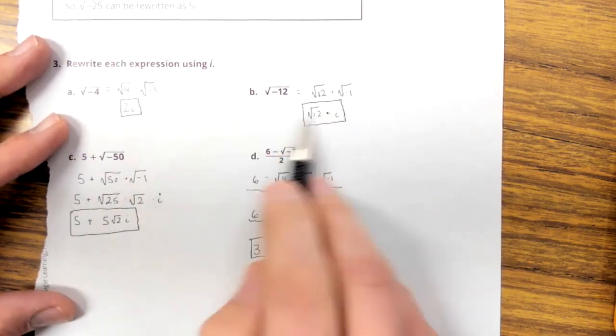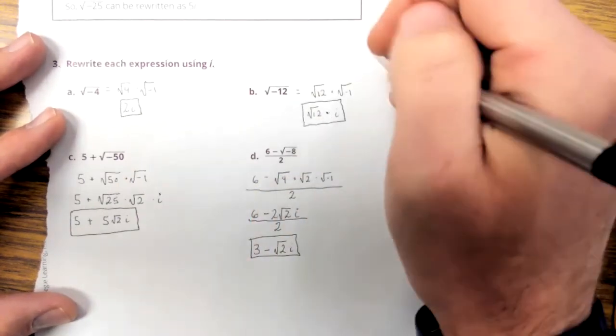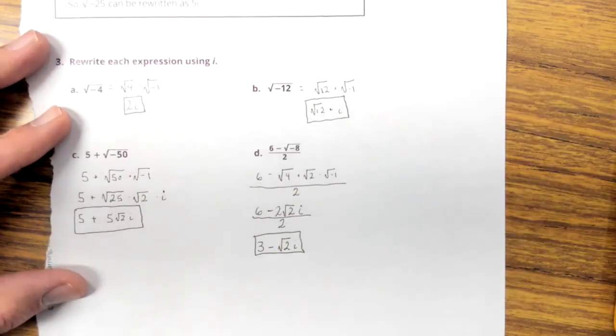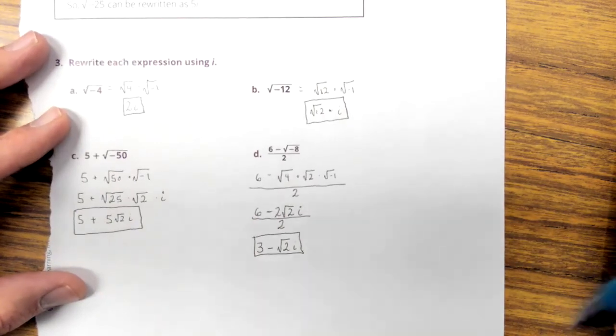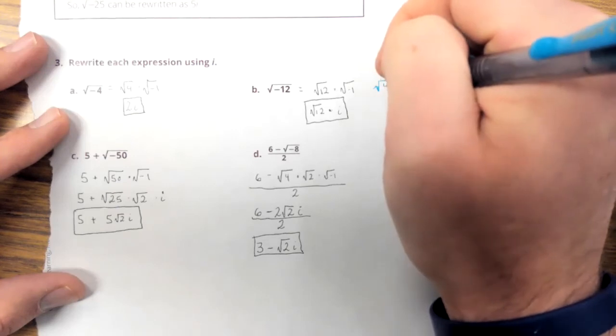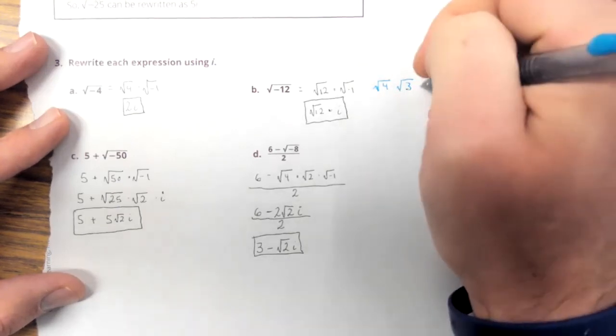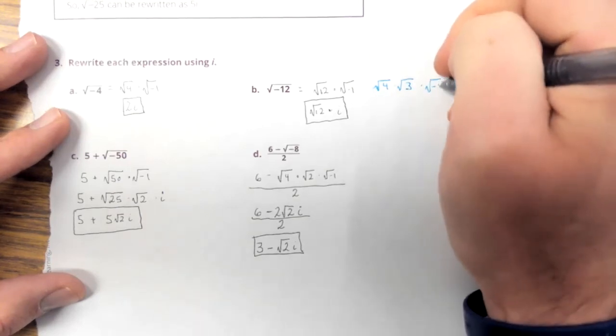Just rewriting things like this. And I guess I could do part B a little bit further, like I was saying, because we could have done part B like this. The square root of 4 times the square root of 3 times the square root of -1.